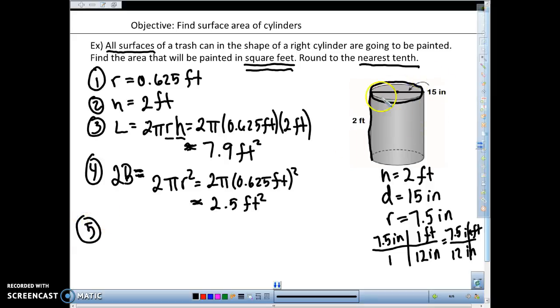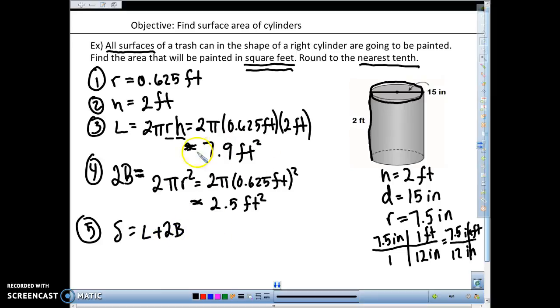Okay, I have the area of both my bases. I have the area of my lateral area around the edge of the cylinder. So now all I'm going to do is plug it into my formula, which is S equal to L plus 2B.